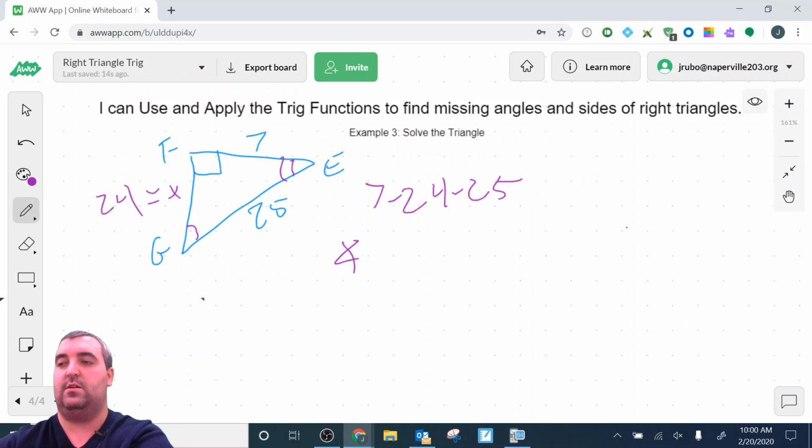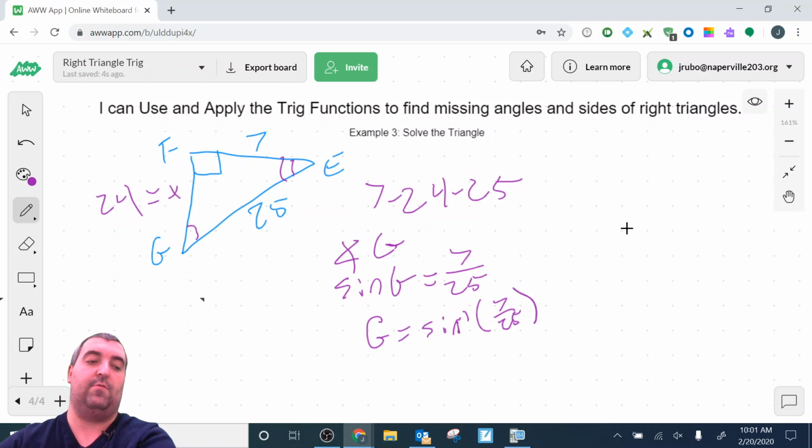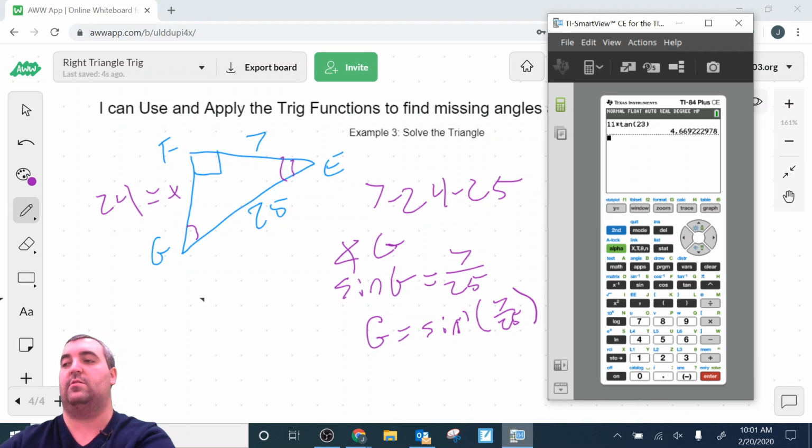So sine of G would be the opposite over the hypotenuse. Now, this is where things get a little tricky. We don't know G, but to get rid of sine, you do the inverse sine, which means we do it to both sides. The inverse makes sine go away, but this, we can't get rid of, so this is where we go to our calculator again.